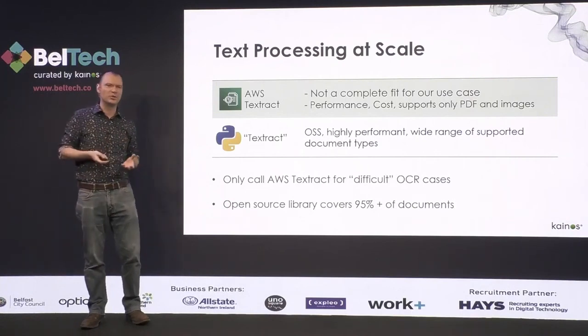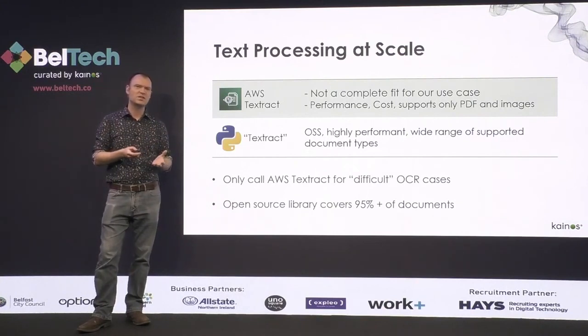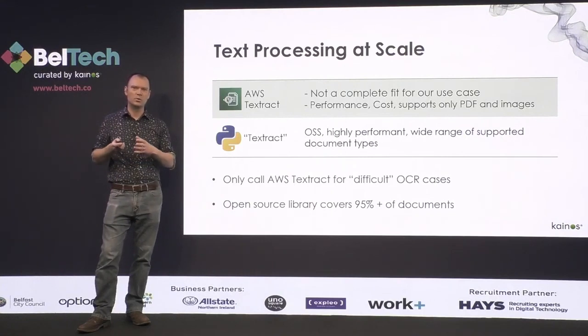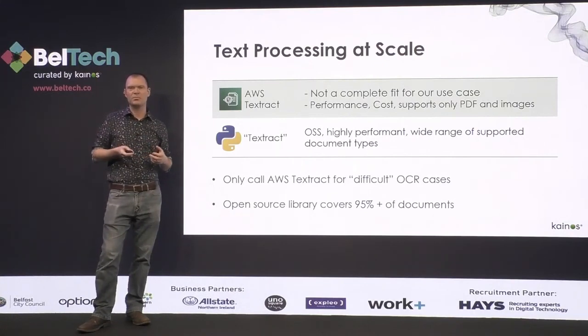And I think this is a really good example of looking at what the services actually can do for your use case. Textract is really a tool specifically for OCR of PDFs and images. So it's not going to handle all of those other document formats like PowerPoint files, Excel spreadsheets, all of the different Microsoft Office document formats.